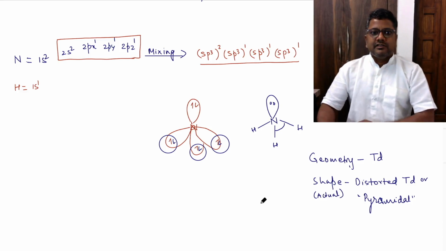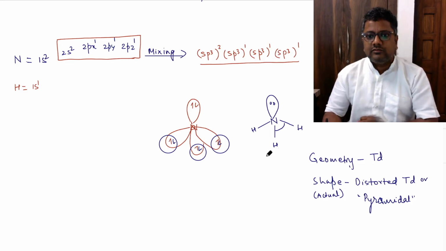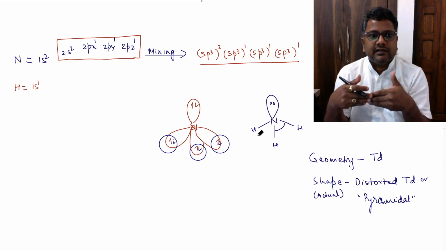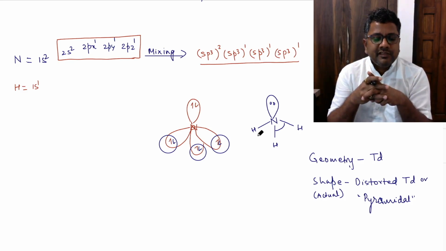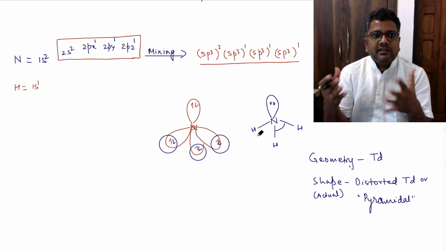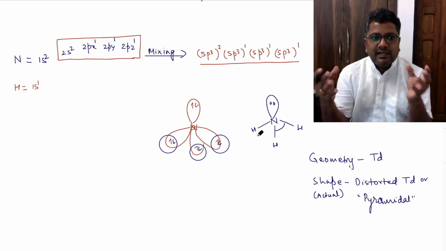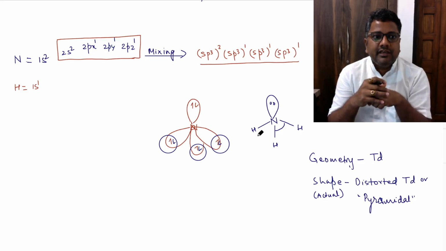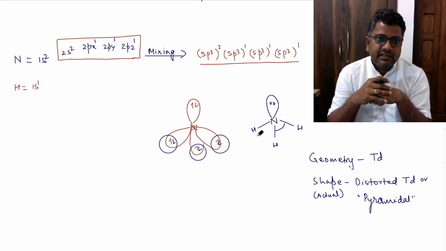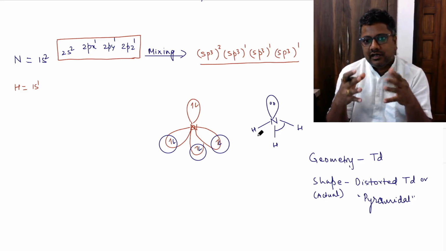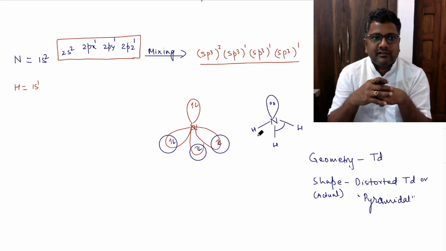So how can we theoretically explain this decrease in bond angle in ammonia? That requires another theory of bonding, and that is the VSEPR model, valence shell electron pair repulsion theory, right? So all of you should be prepared for the next theory, known as VSEPR theory.